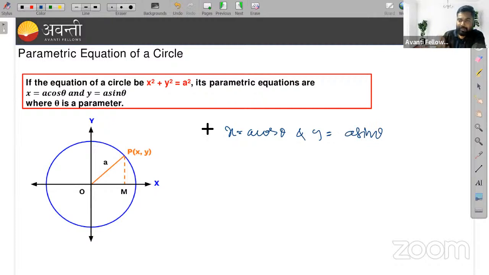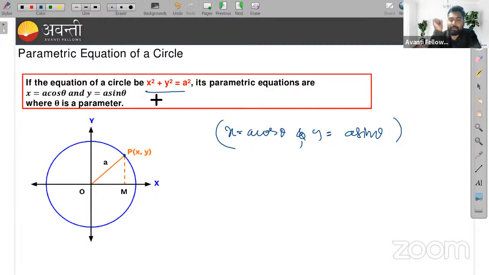These are the coordinates of P, any point on the circle, where a is the radius.